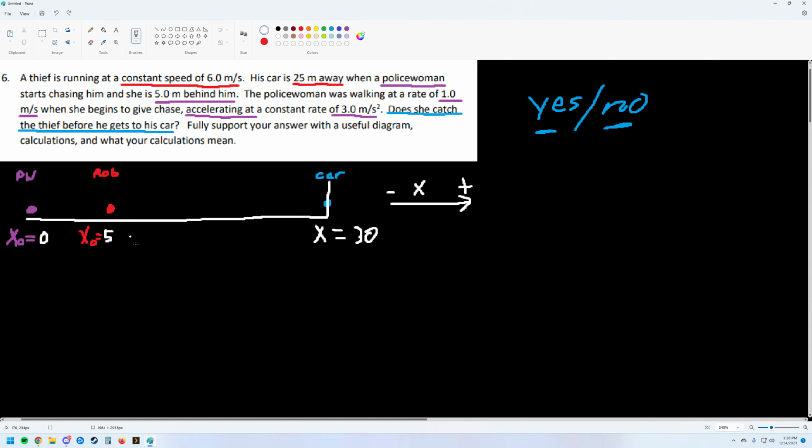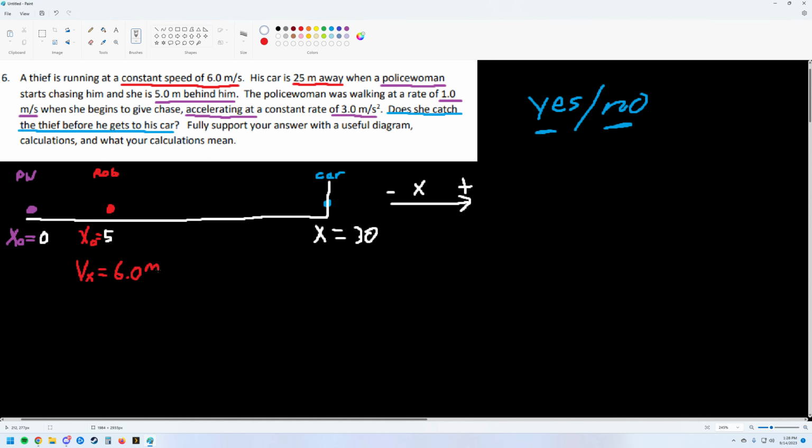I don't know if it's making it more complicated or not. Anyway, we can start filling in our other stuff. It looks like the thief is just running at a constant 6.0 meters per second. So his final velocity is going to be 6.0 meters per second.